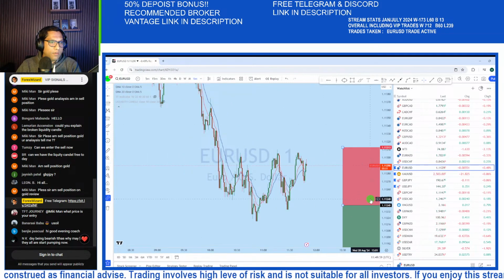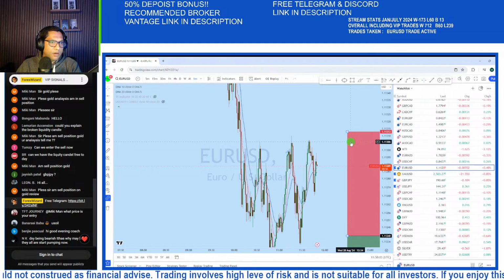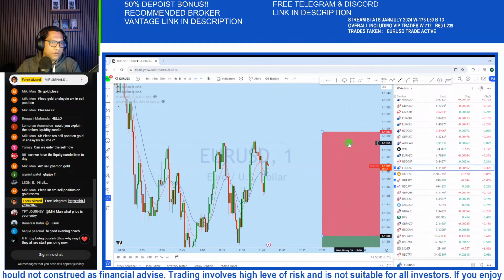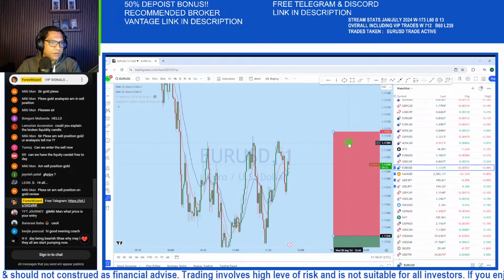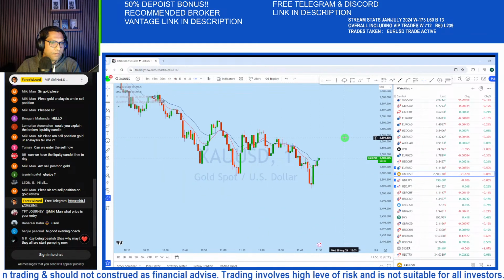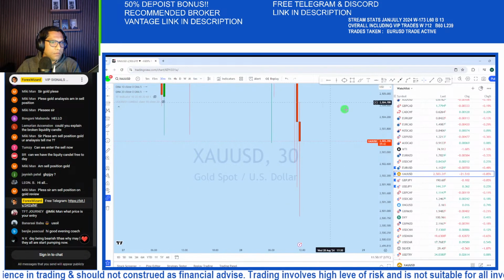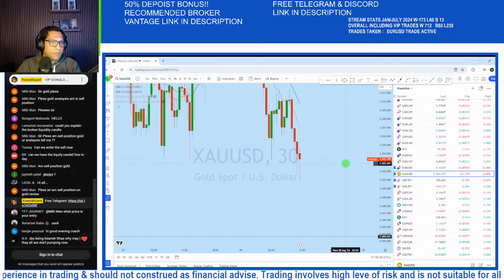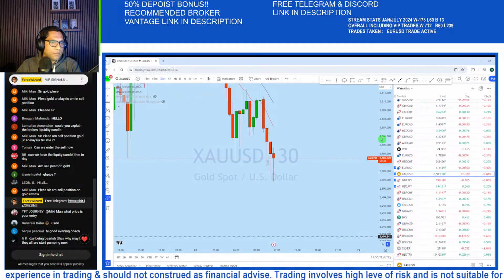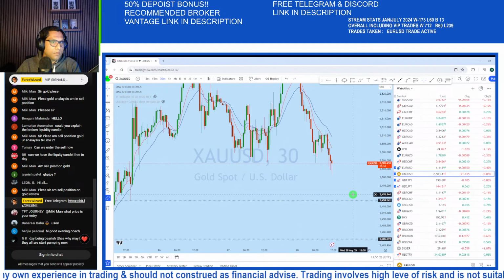So if you look at the 1 minute, we can see there is a potential pin bar. If we look at gold, gold is below this support.